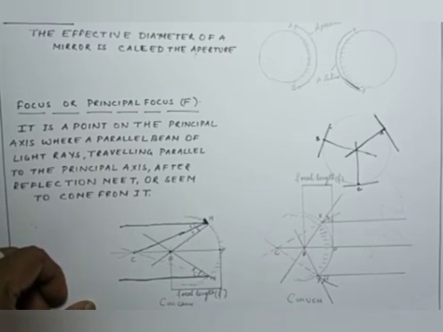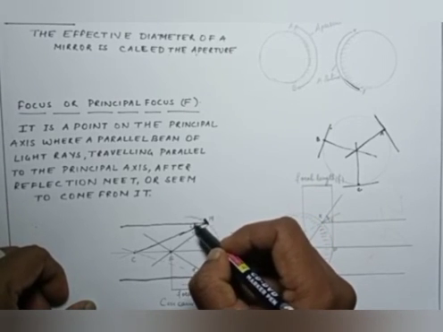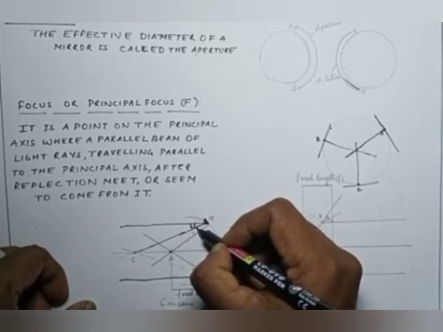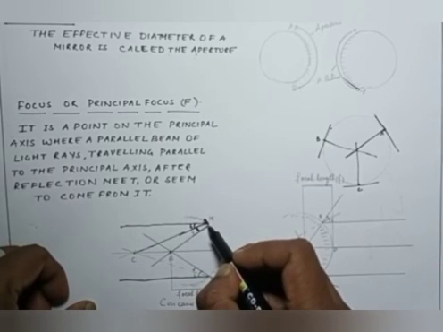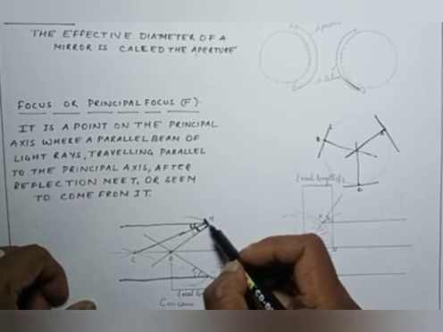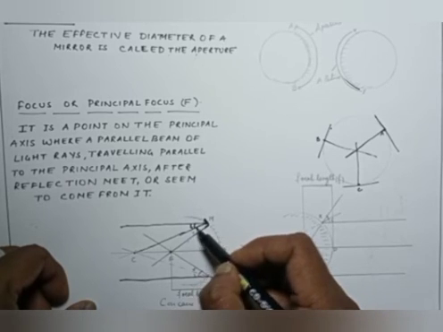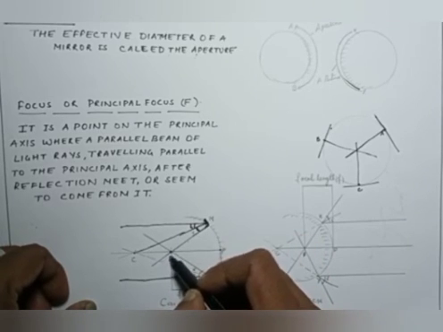This is the angle of incidence, so the same angle will be drawn on the other side. This is the angle of reflection. What you will see is that the angle of incidence is equal to the angle of reflection, so the reflected ray is going to pass through the focus.